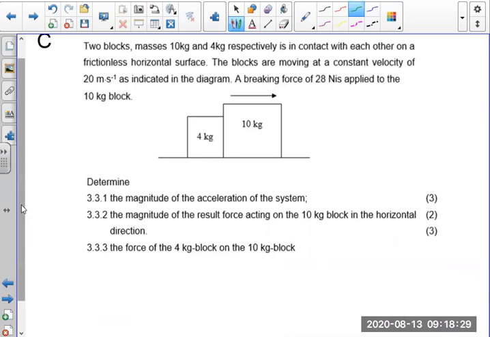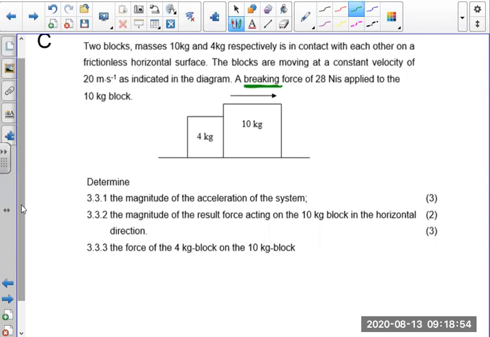The braking force, now that's a bad word. It must actually be the force that is going to stop the object from going with this constant velocity. So I would say the force that is going to decrease the velocity, or the friction force of 28 Newton, is applied to the 10 kilogram block.